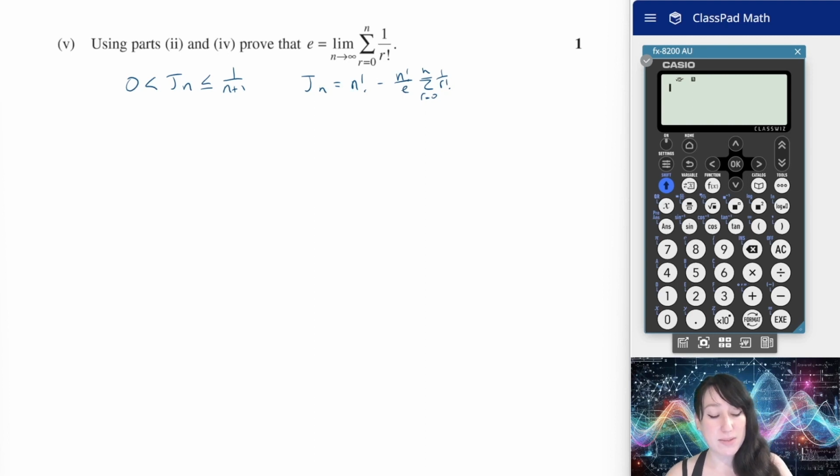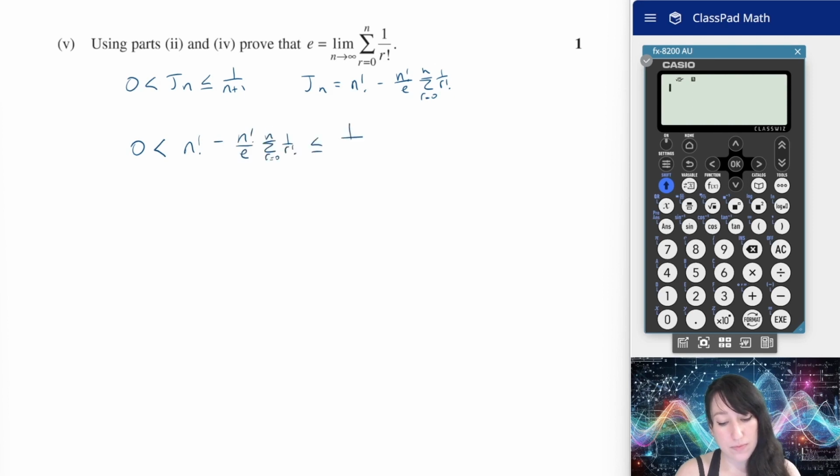So let's put that expression into the inequality. Now we want to solve for e, since this is proving something about e. Let's multiply everything by e. And then we'll add the term with a summation.